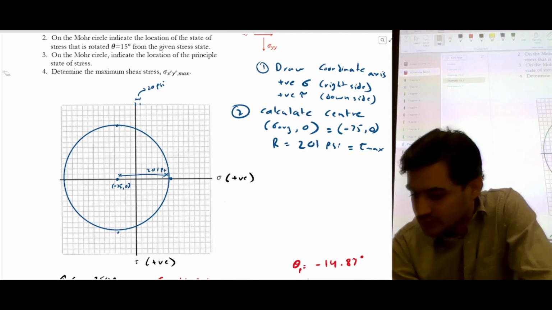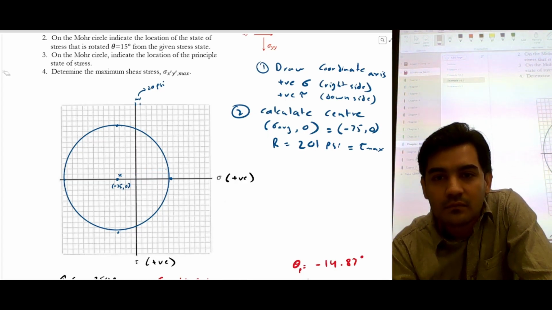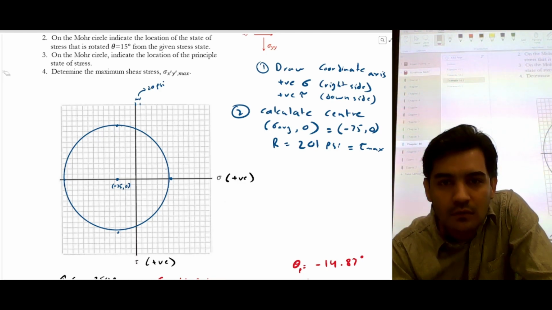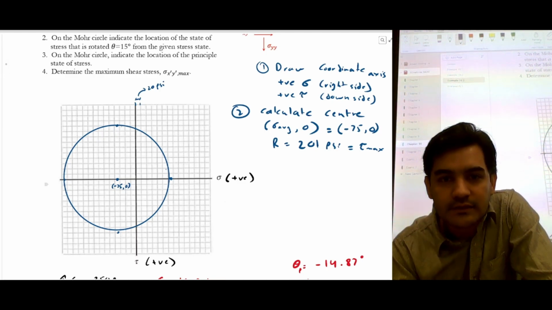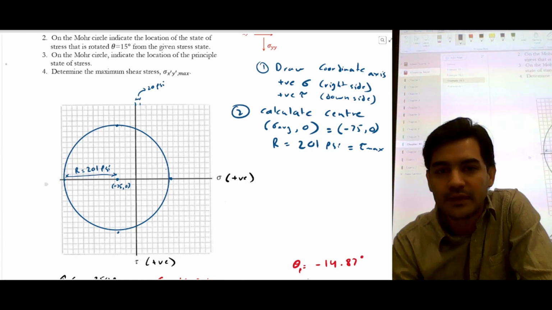Or I can just write it somewhere else. This is the same as this distance. So this is radius, which is 201 psi.